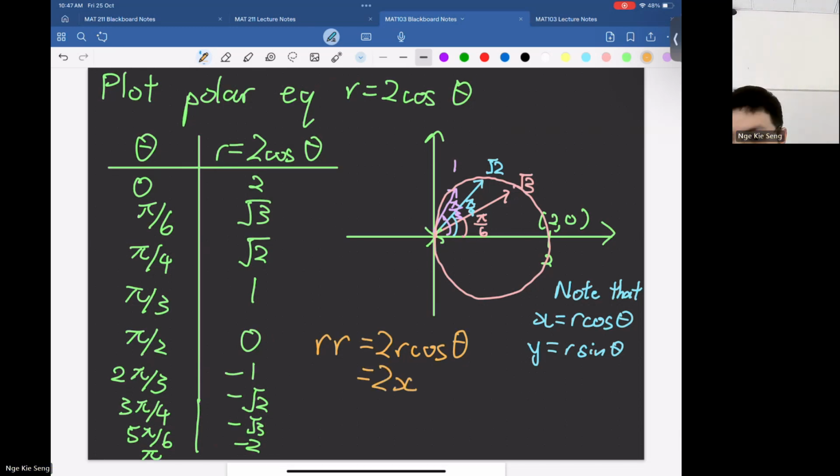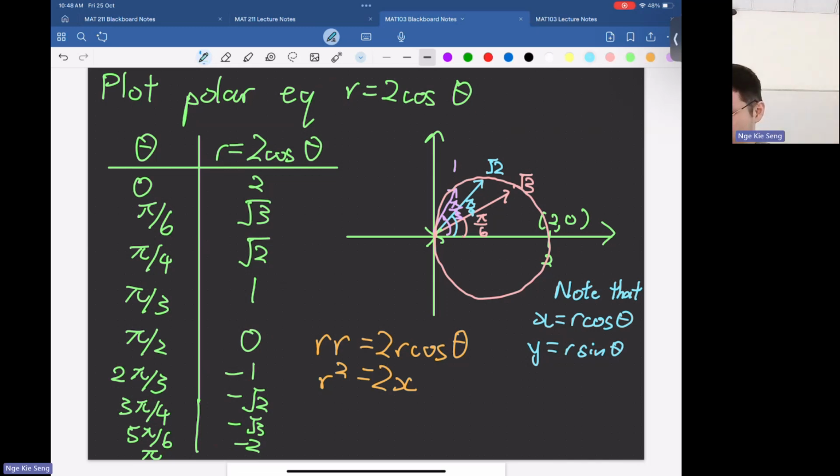Is this already useful? Why? And then r squared is 1.